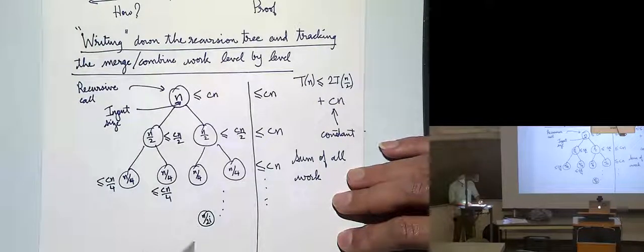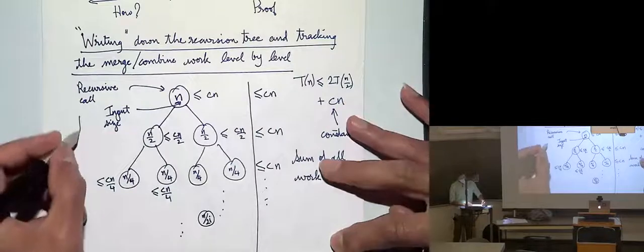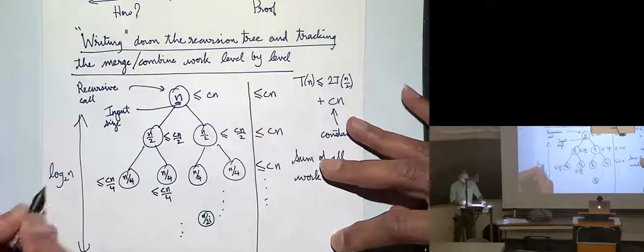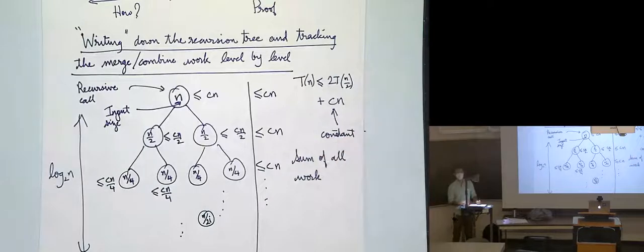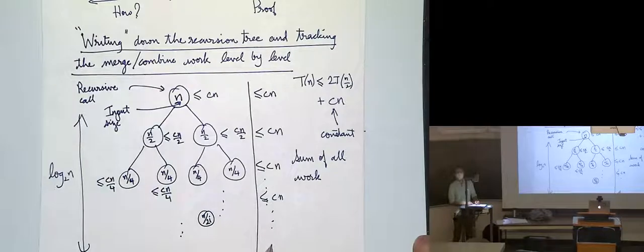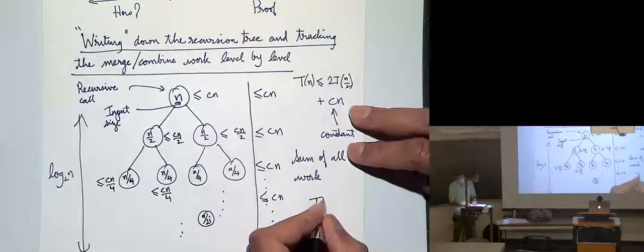So the total depth of this tree is essentially log base 2 of n, and in each level I got C of n work. So the total work is at most Cn log base 2 n.